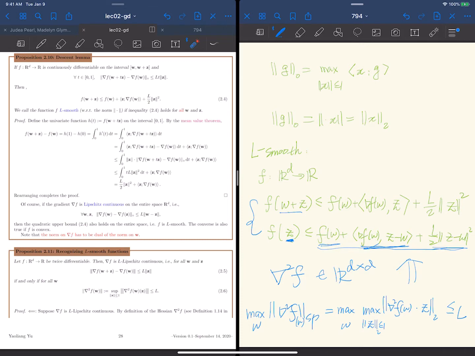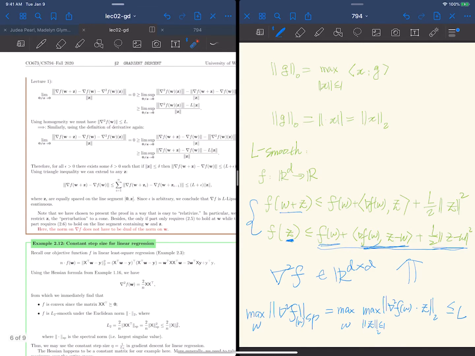If you combine the two propositions, this is what they say. In order to check if a function f is L smooth or not, just compute the Hessian, which gives you a matrix, and compute its spectral norm. If the spectral norm of the Hessian is bounded by L, then the function f is L smooth. The converse is also true if the function f is convex. For non-convex functions, the converse may not be true.